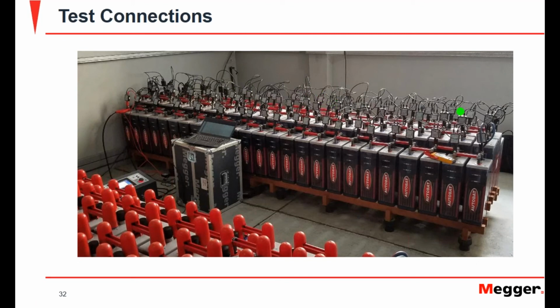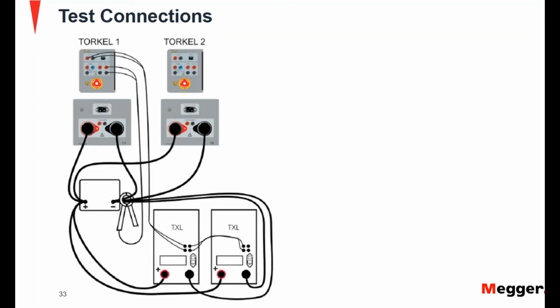If you need a higher load or higher current, because that's the characteristic of the battery, and the load bank needs to be increased, you could have multiple load banks in parallel.